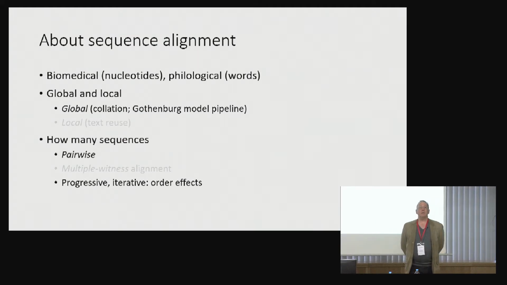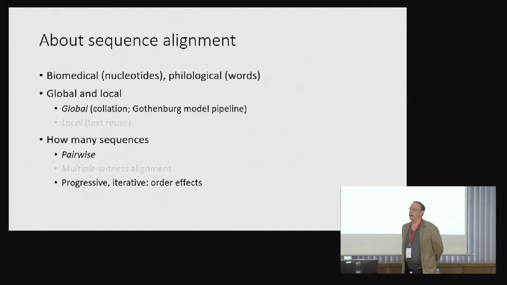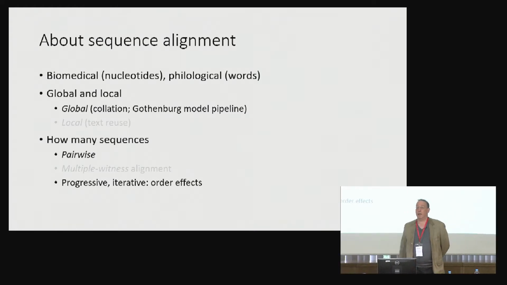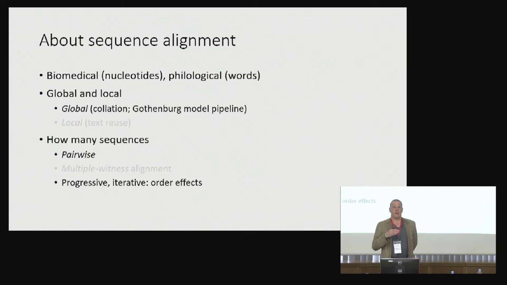There have been some attempts to address multiple witness alignment by applying pairwise alignment in a progressive or iterative manner. These have order effects. That is to say, if you align two witnesses into a sort of super witness and then fold in a third, you get a different result depending on the order in which you touch the manuscripts. This cannot be correct because the optimal alignment cannot depend on the order in which I touch the manuscripts.